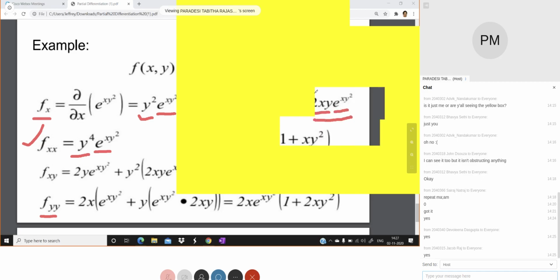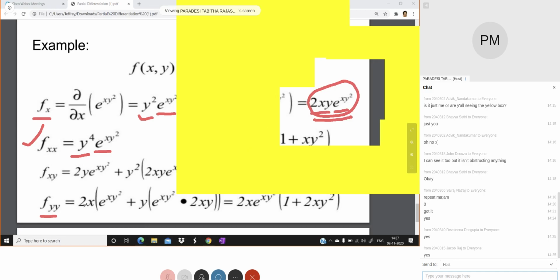Now, can you see the product rule will come into the picture? Look at this carefully. When you're differentiating this with respect to y, there is a function of y ahead and a function of y here also. There is an exponential function and a y ahead. So that means we have a product rule.